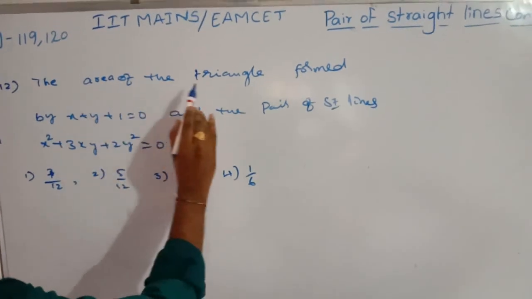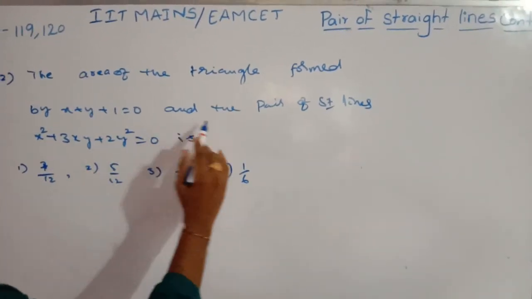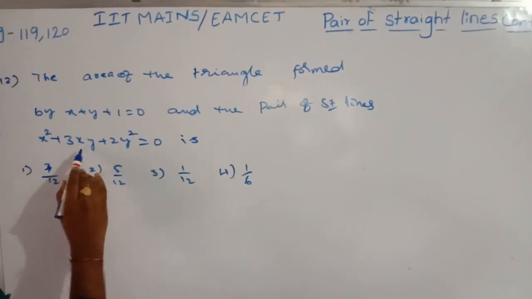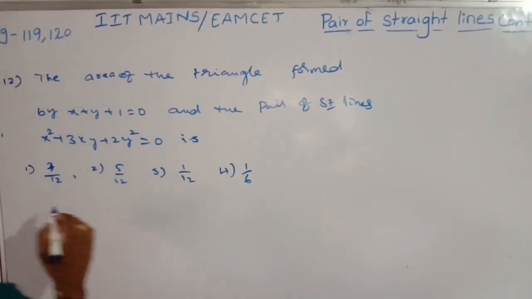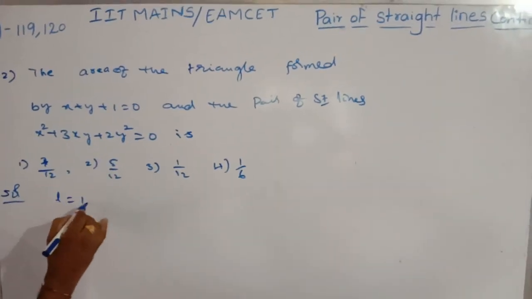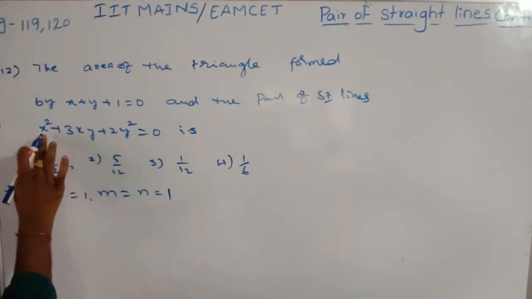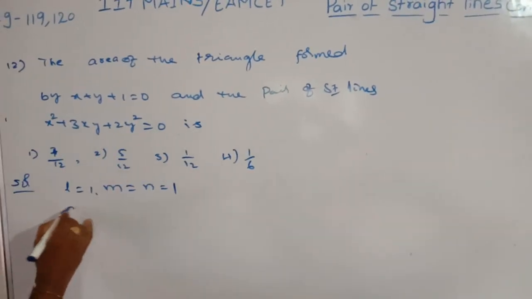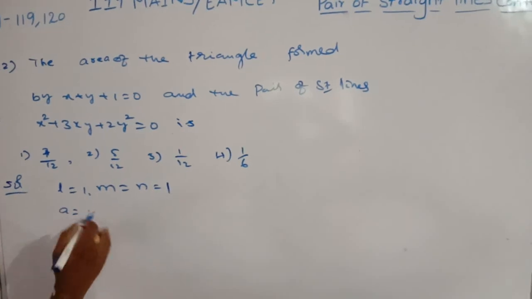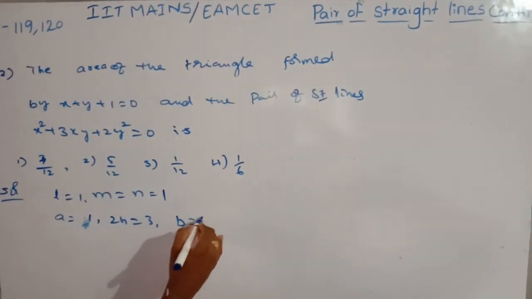The area of the triangle formed by the line lx plus my plus n is equal to 0 and the pair of straight lines ax square plus 2hxy plus by square is equal to 0 is. Now this is compared with lx plus my plus n is equal to 0. Here l is 1, m is 1, n is 1, and comparing with ax square plus 2hxy plus by square is equal to 0, here a is equal to 1, 2h is equal to 3, and b is equal to 2.